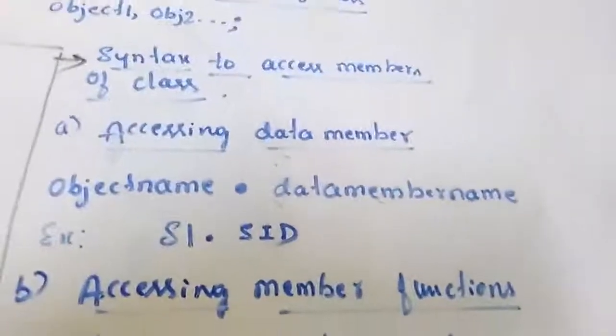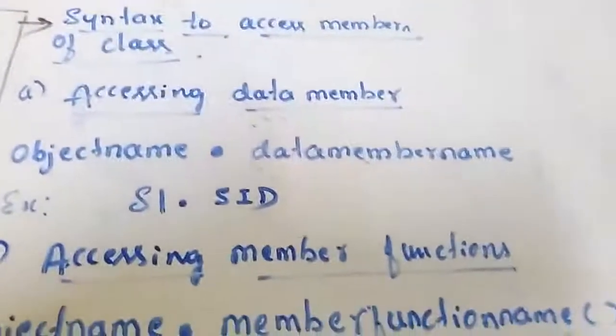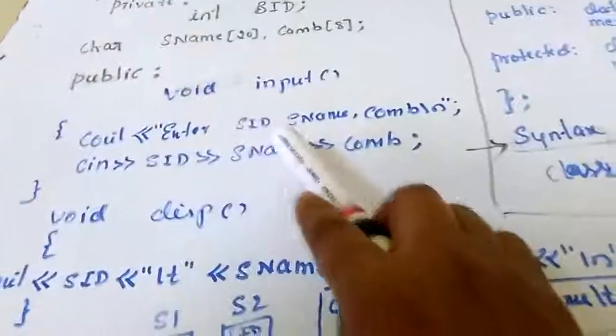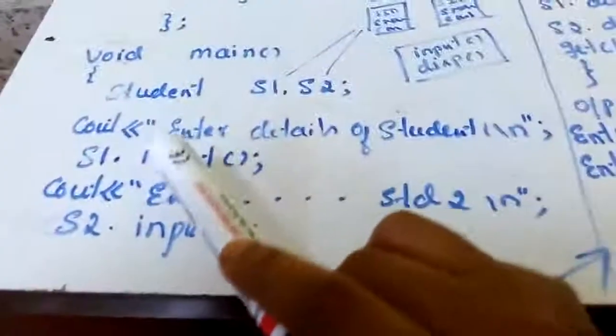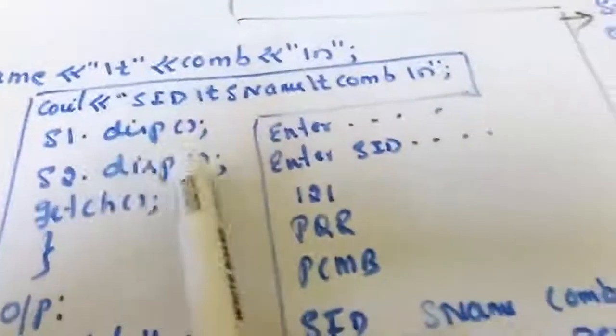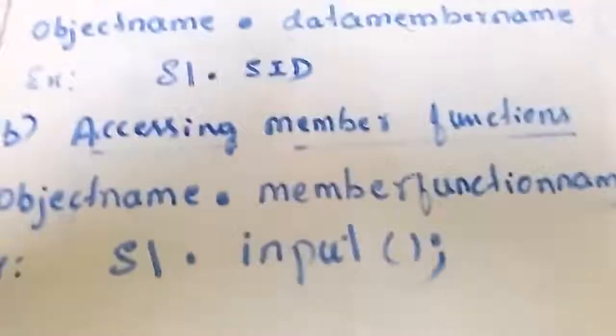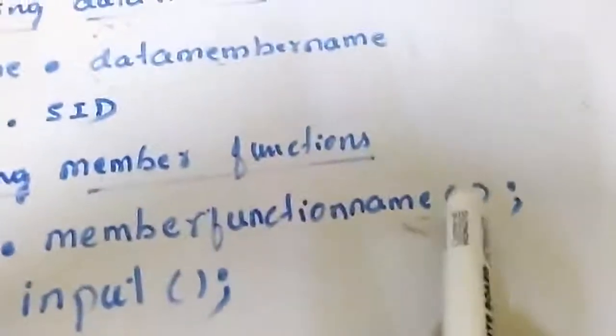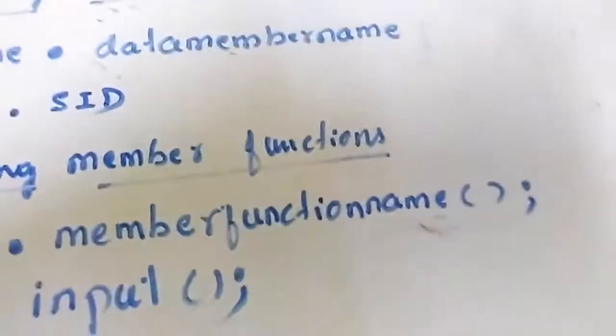Then accessing a member function. How to access member functions? We accessed them here, isn't it? See, void disp, void input, they're all member functions. How to access? Object name dot input, s1 dot input, s2 dot input, and s1 dot disp, s2 dot disp. So in general, object name dot member function name, open close parenthesis, semicolon.